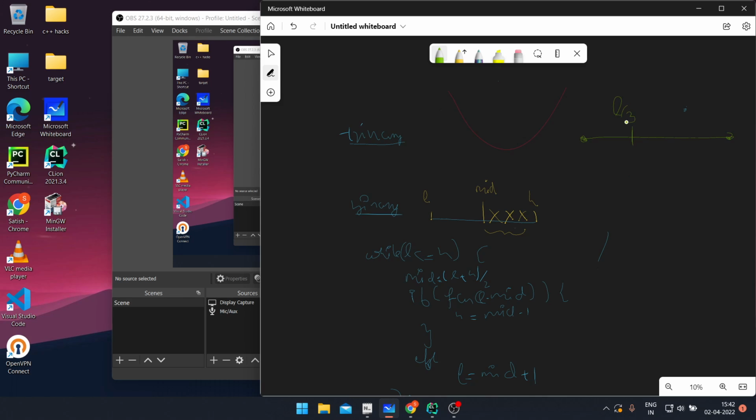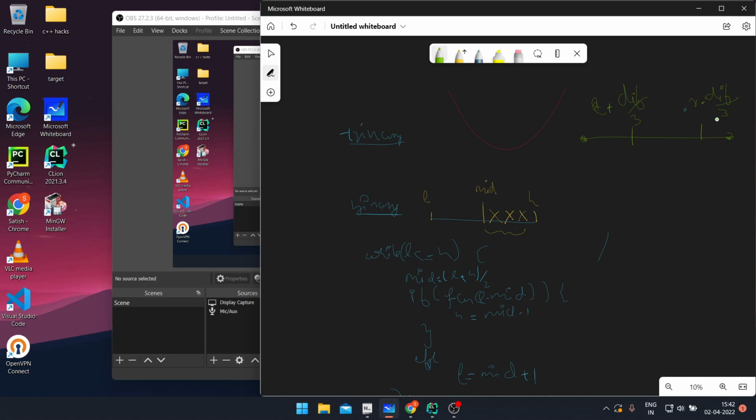This is L plus difference divided by 3, and this is R minus difference.